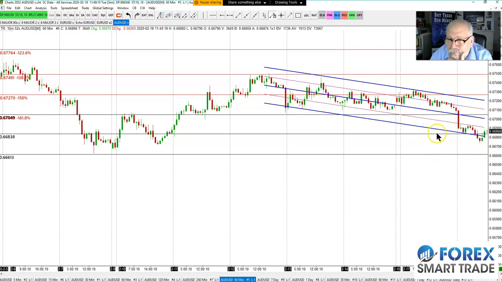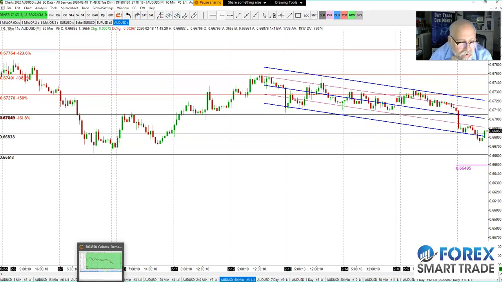So that would be somewhere down around here, 66.49. Let's see what we ended up doing with the 400 points. We're at 66.86. 66.49 is actually about 40 pips. We're very close to 40 pips, so that'll work in this case.